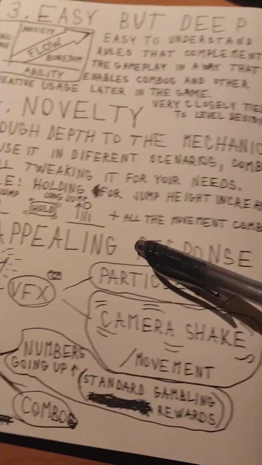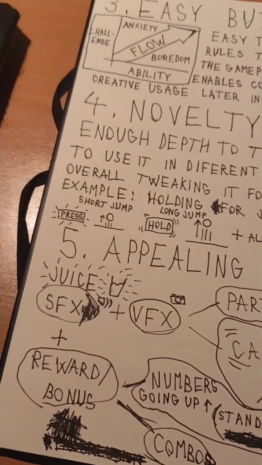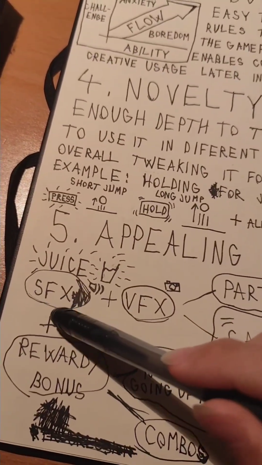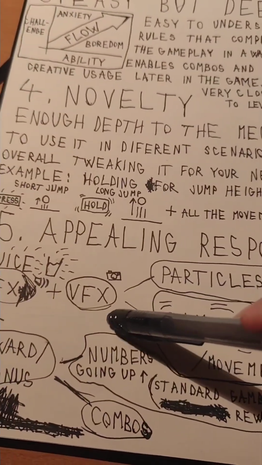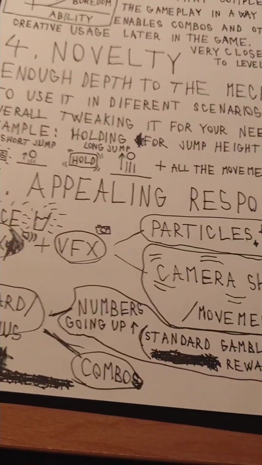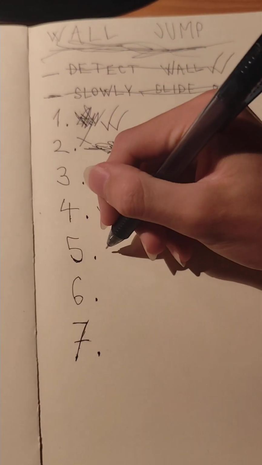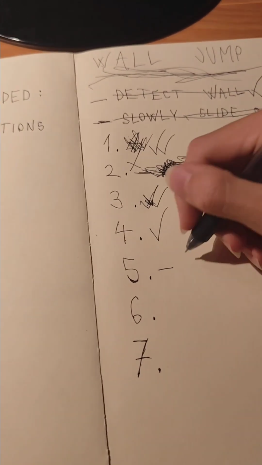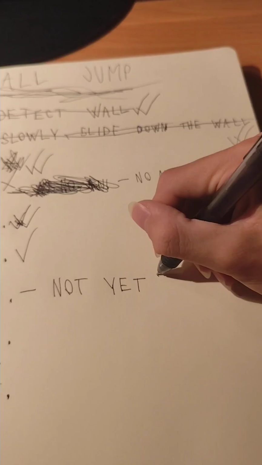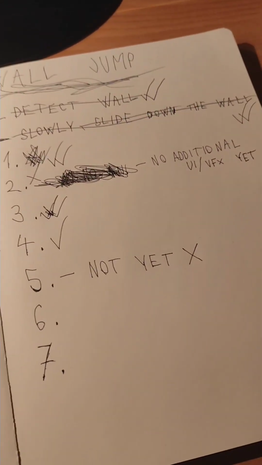Fifth rule is appealing response, or juice in game dev terms, which is sound effects, visual effects, particles, reward bonus combos. Obviously I don't have that yet, because I'm pushing it back for later.